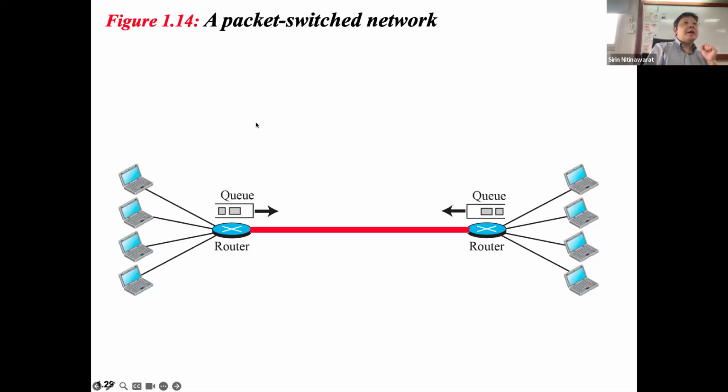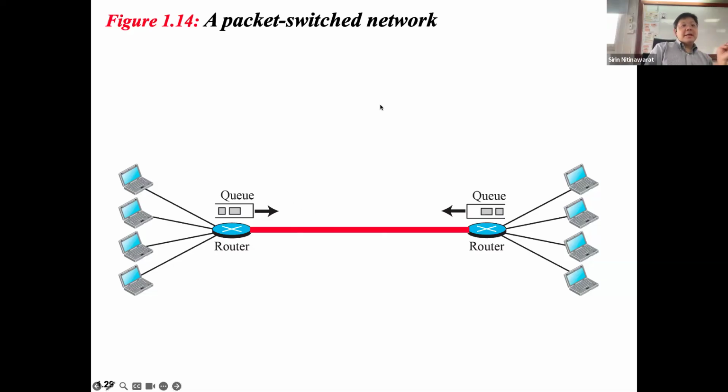The switches in circuit switching networks cannot store any traffic, whereas the switches and routers for the packet switching network have queues and can store packets in case there is congestion. By that I mean the incoming flow of packets to the router could be larger than the outgoing packets from the router, so packets will build up in the queue.